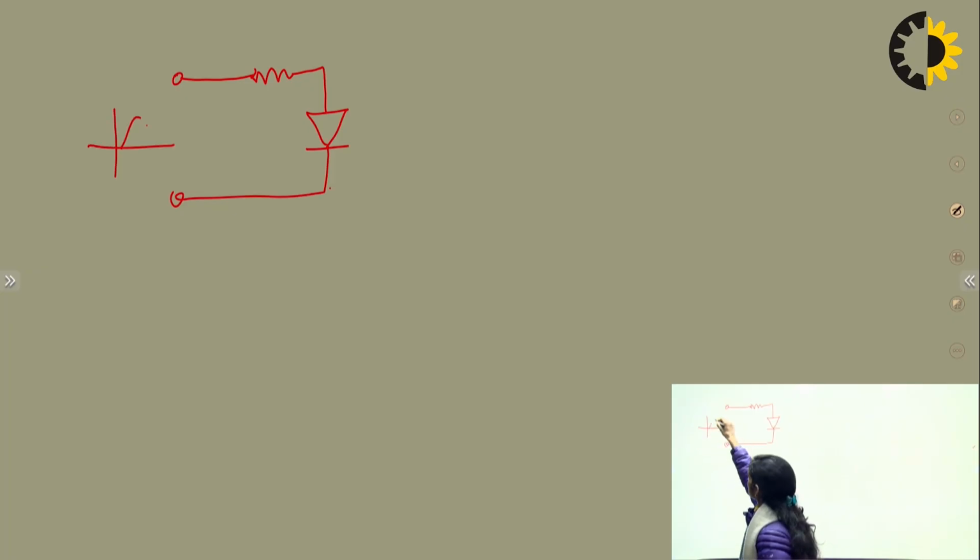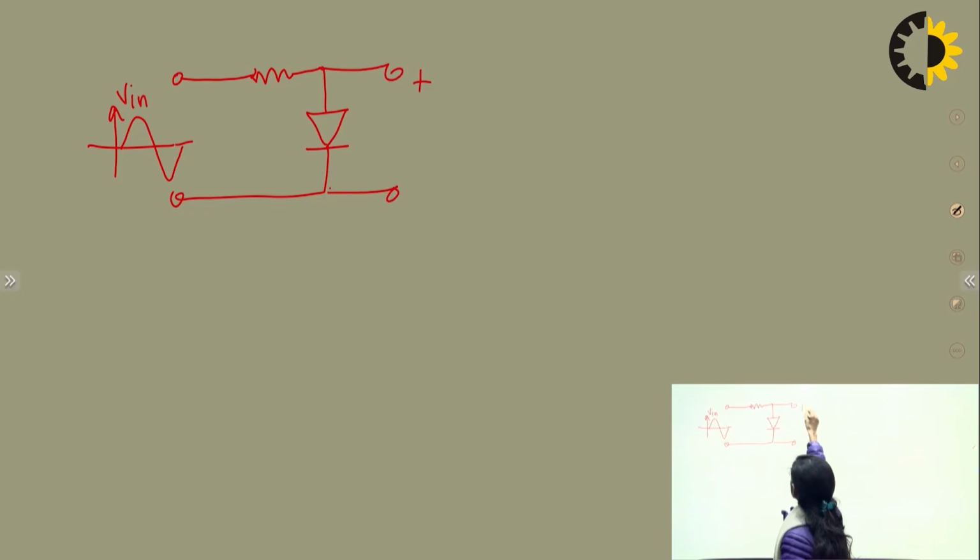This works in the same way as we had seen for the series clipper. In this, we have connected only one diode. Let's say the diode is connected in this way, and we give the AC input Vin, and we take the output across the diode. Let's solve it for the positive cycle.